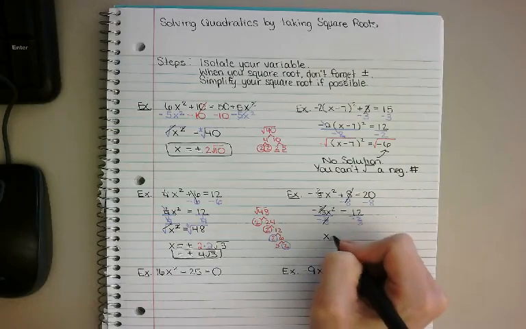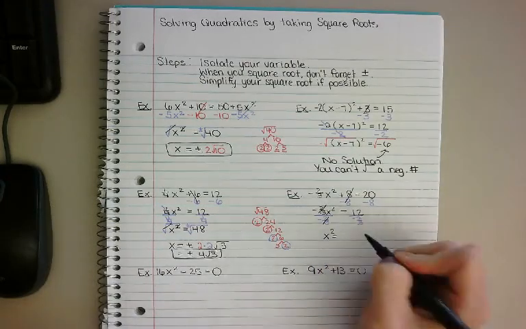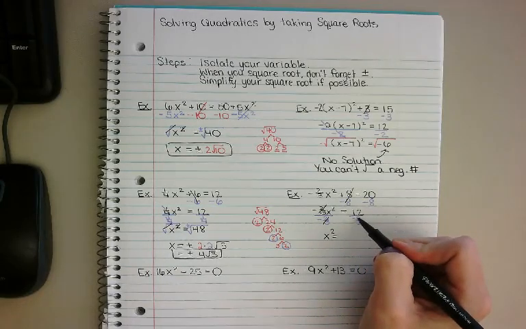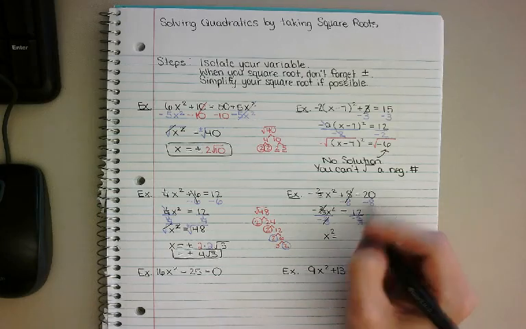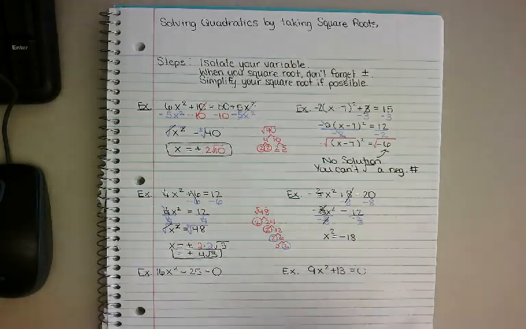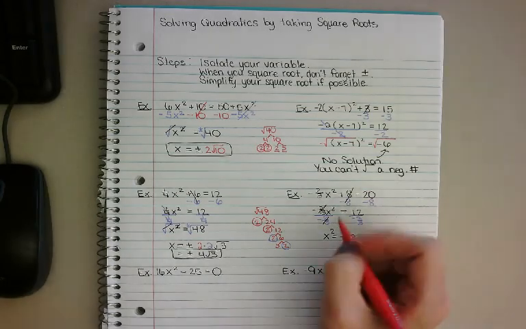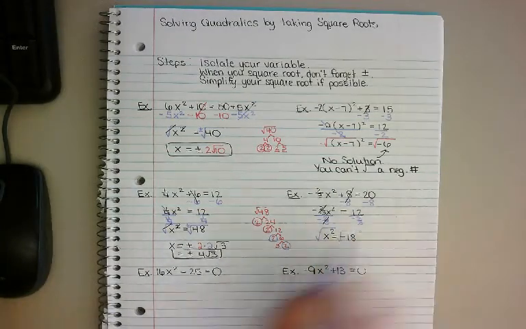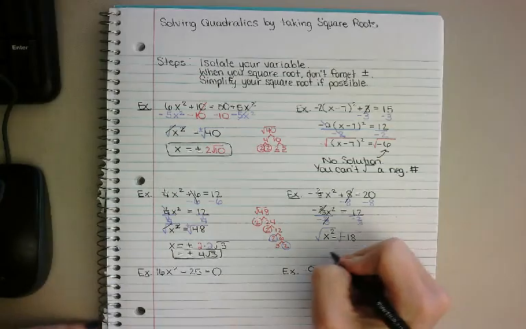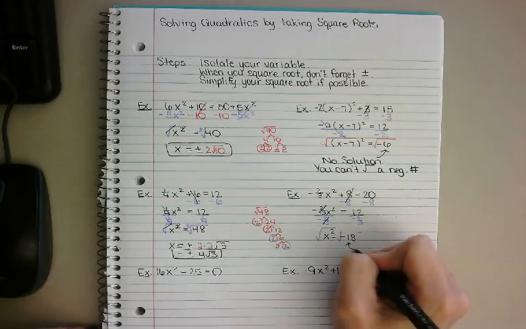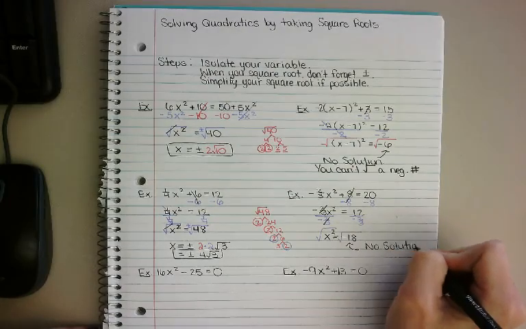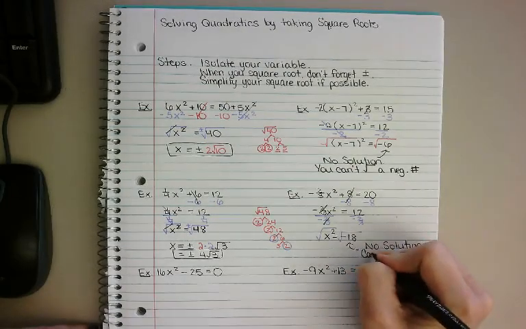Okay, so I get x squared equals, and let's say you don't have a calculator, then take 12 divided by negative 2, which is negative 6, and take it times 3, and that's negative 18. All right. So then I'm going to get rid of my square by square rooting. Okay. However, this is again a no solution. Can't square root negatives.